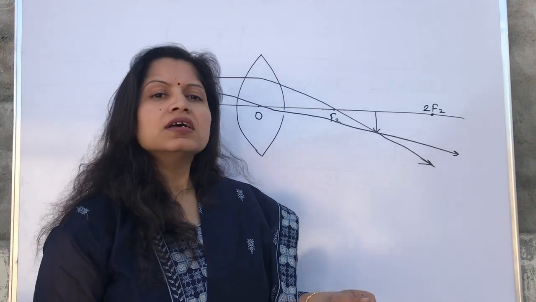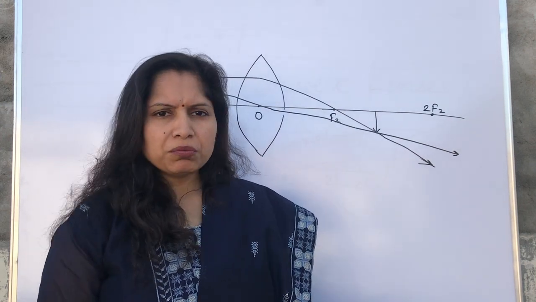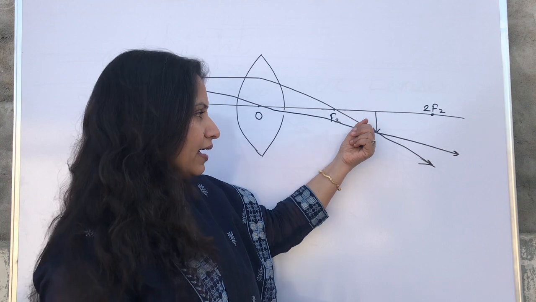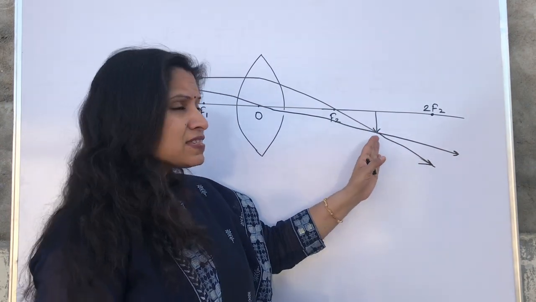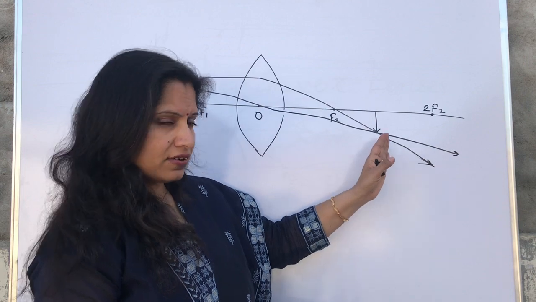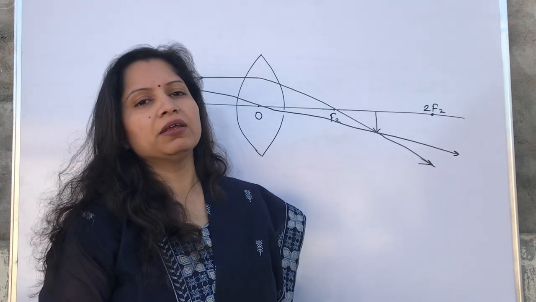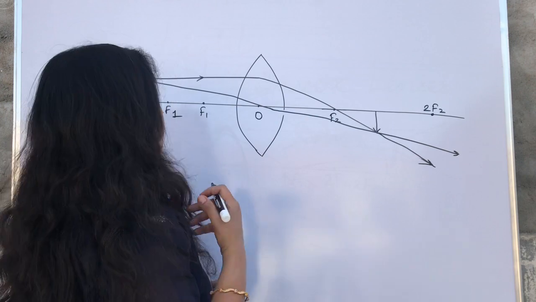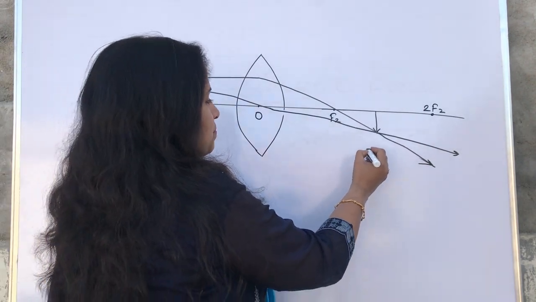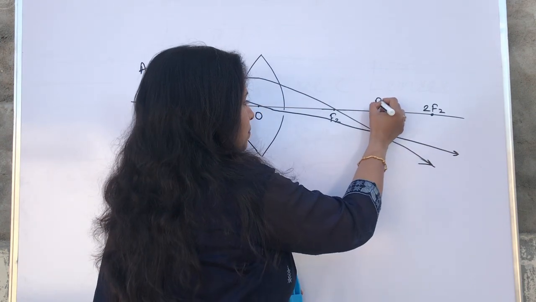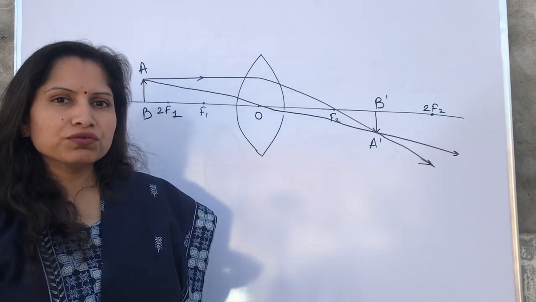If you use the rules, you don't need to remember anything. Automatically the light rays will be converging at that point only. Wherever the point of intersection of the light rays is, that is the point where the image is formed. If the object is represented by AB, the image is represented by A dash B dash. What is the position of the object?